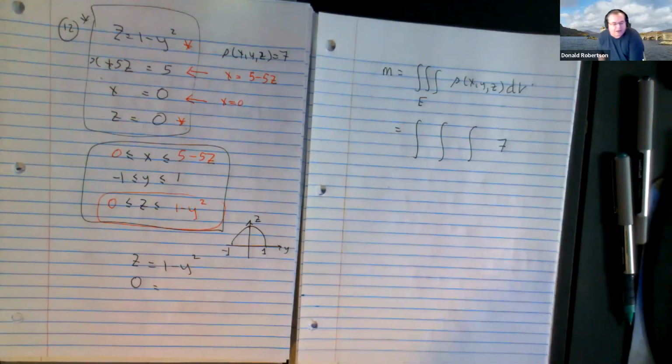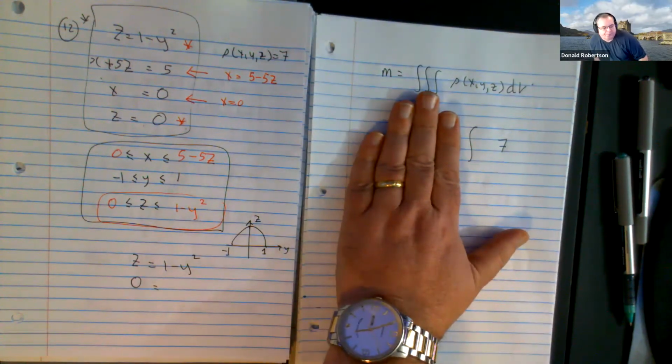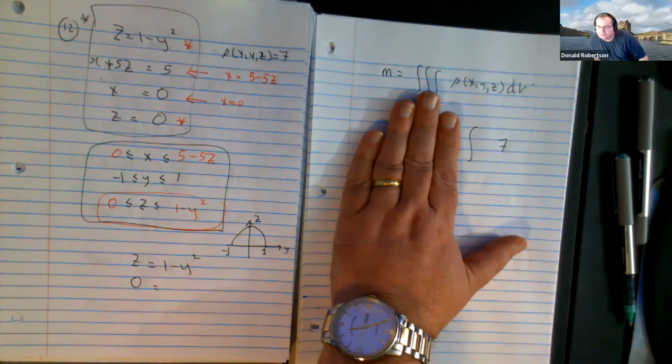Okay, who do you want? X, Y, or Z? Who goes on the inside? It would either be X or Z. Do you think it matters if I do the X or I do the Z?